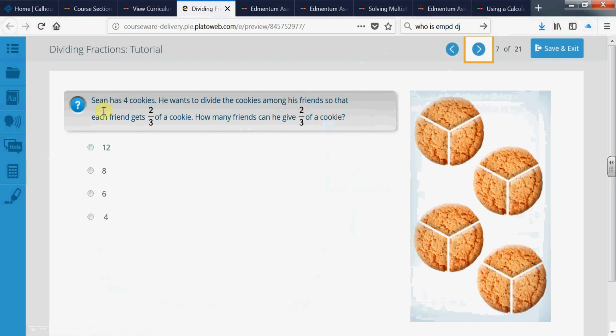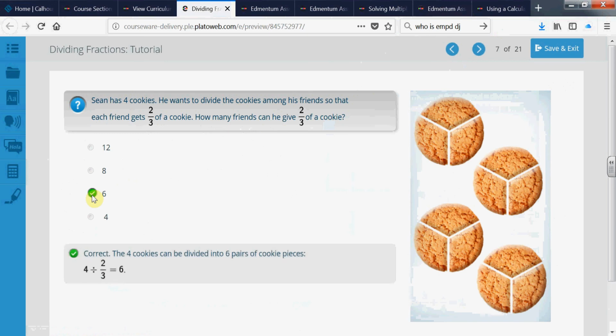That's a tutorial. Now watch this. Now let me pick one. The answer there is 6. Now how did they get 6? Well, that's interesting. They got 6 by basically dividing 4 by 2/3, so that becomes 4 times 3/2.